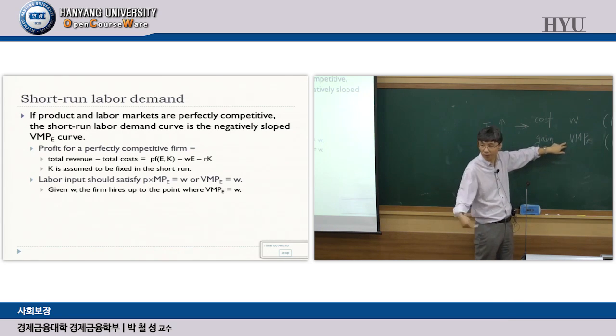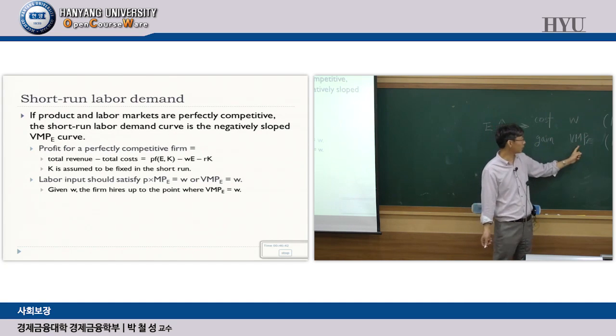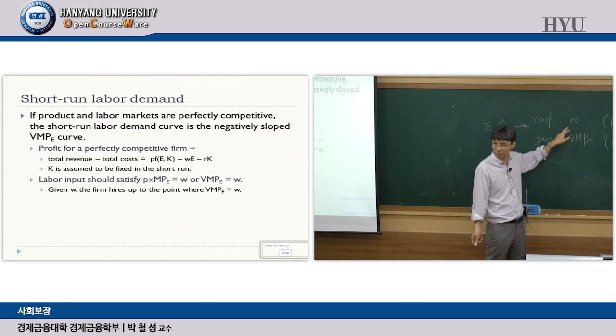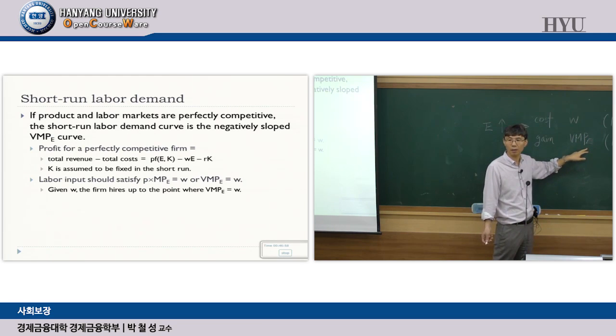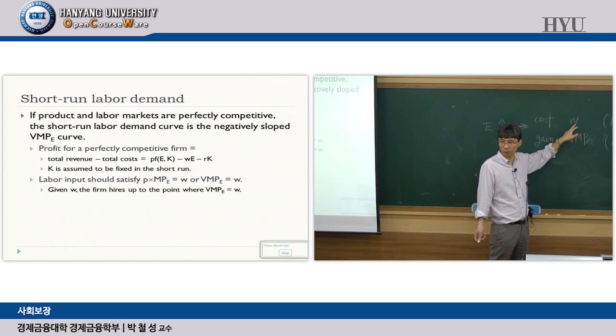Now, if you increase your labor input, since we said the MPE is going to be diminishing, VMPE will get smaller and smaller, and at some point it's going to be the same as W. If you increase labor input even more, then the VMPE is going to be smaller than W, which means that now you are paying too much.